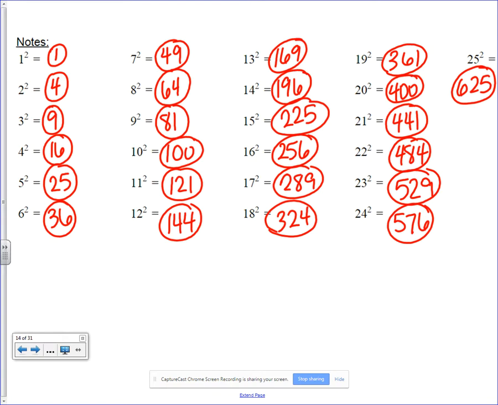All right, so they all should be circled. They're circled because they are the perfect squares.